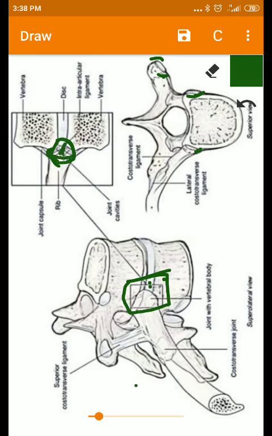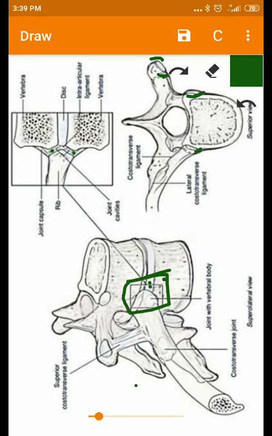Okay, and you have to see the difference. From T2 to T8, the facets are formed by two concave demi-facets on the inferior body of one vertebra and on the superior body of the vertebra below it.